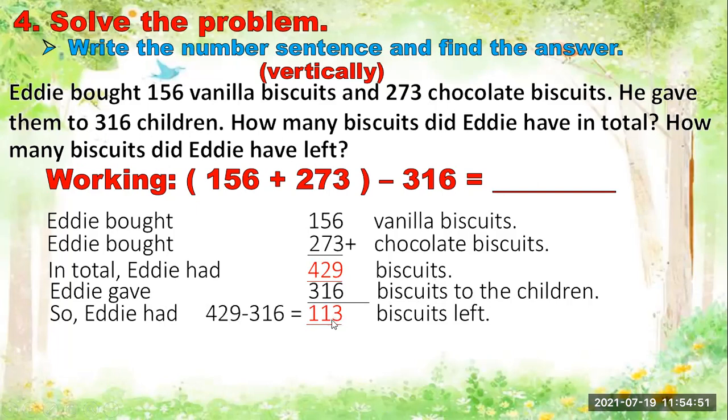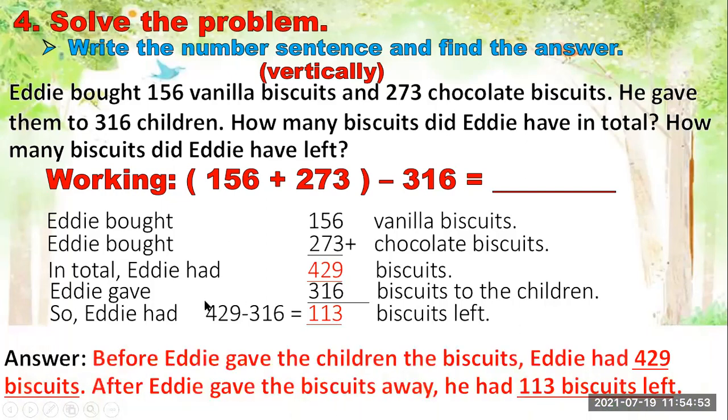So this is the answer. The first answer here, before Eddie gave the children the biscuits, Eddie had 429 biscuits. And the second question, how many biscuits did Eddie have left? After Eddie gave the biscuits away, he had 113 biscuits left.